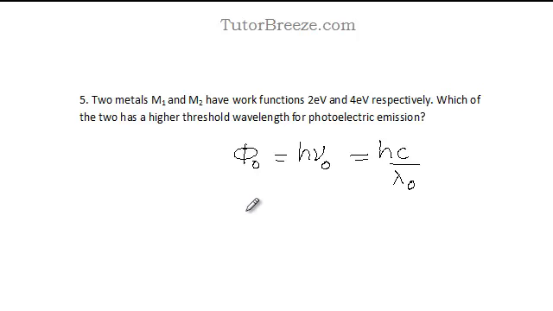Now which has a higher work function? If the work function is more, that means the wavelength of the incident radiation should be less. So lambda for this case should be less than lambda for this case.